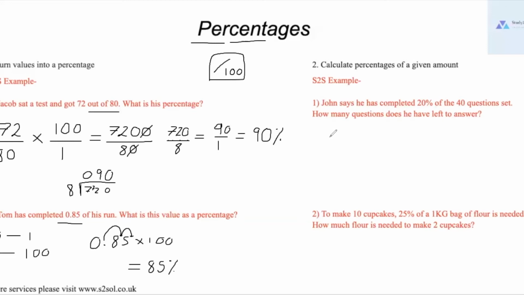So when we are calculating percentages, remember what percentages mean. Percent means out of 100. So 20% means, as we read it, 20 out of 100. So 20 out of every 100. Yes, that is exactly what 20% translates to. So in order to calculate 20% of something, we're going to write it down as 20 out of 100.